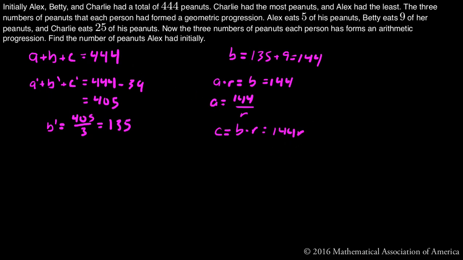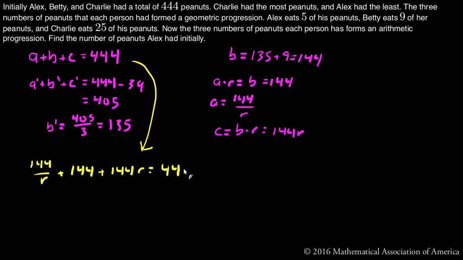And so now I can get the equation 144 over R plus 144 plus 144R equals 444. I subtracted 444 to get it over here, because I'm going to eventually get a quadratic.